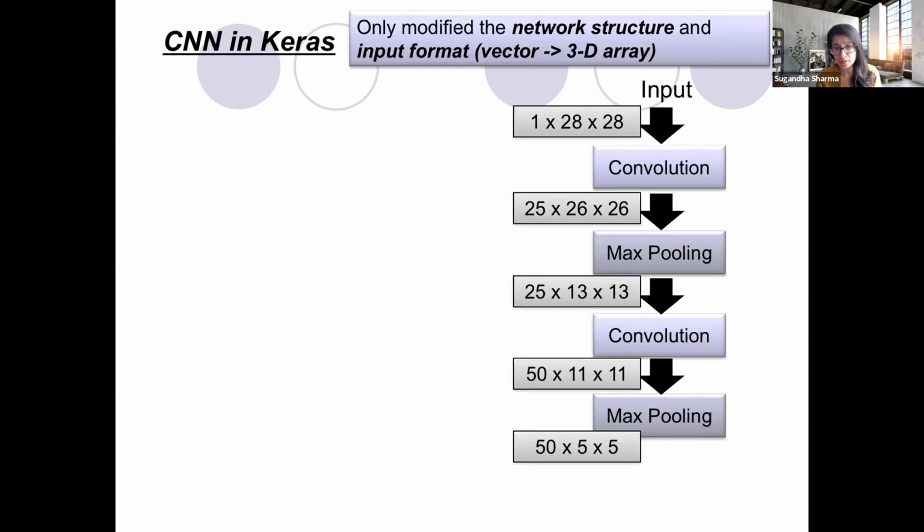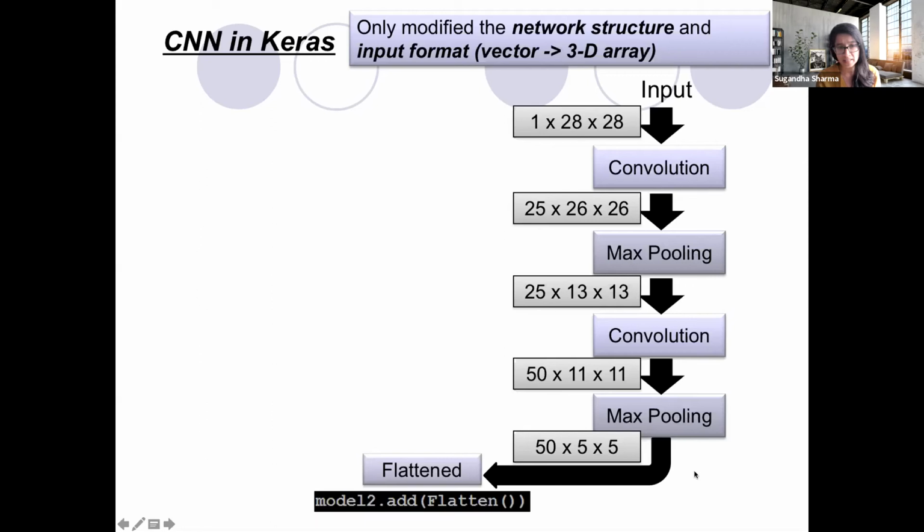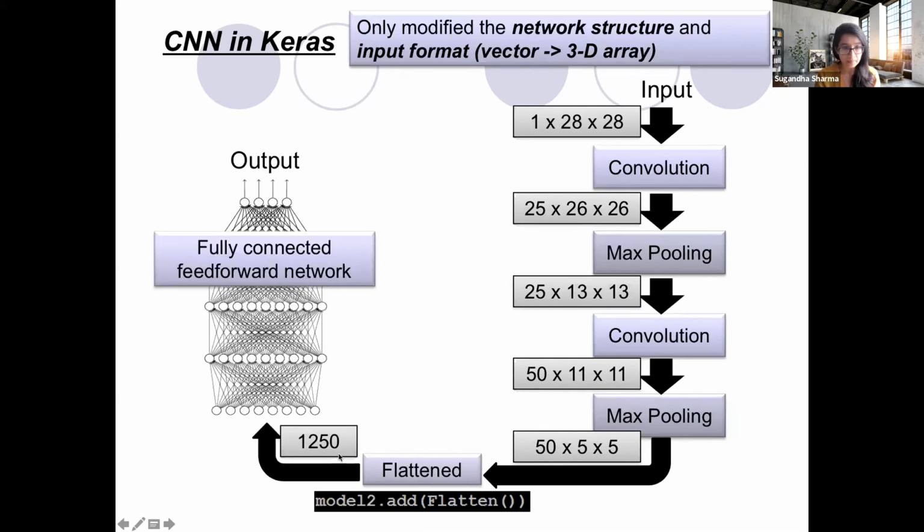After we have this output image of 50 by 5 by 5, we just flatten this, right? On flattening, we can use this additional layer to flatten this output image in Keras. Flattening gives us a vector of 1,250 dimensions. And then we just pass it through a fully connected feed-forward network.